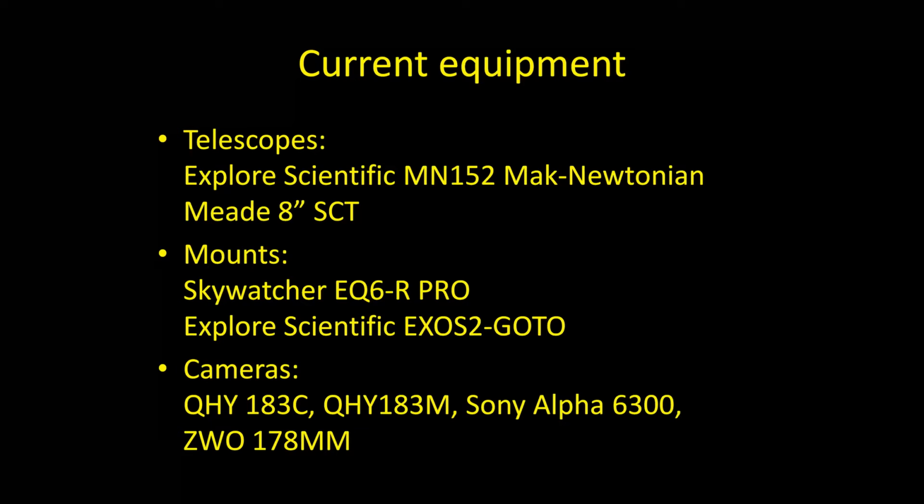I upgraded my mount from an Explore Scientific EXOS-2 to an EQ6 Pro. Works really nicely. And thanks to COVID, we had to cancel our vacation this year. So the 2020 vacation was gone. I got permission to spend my plane ticket on astronomy cameras. So I got a 183 mono and a 183 color on a very good deal.